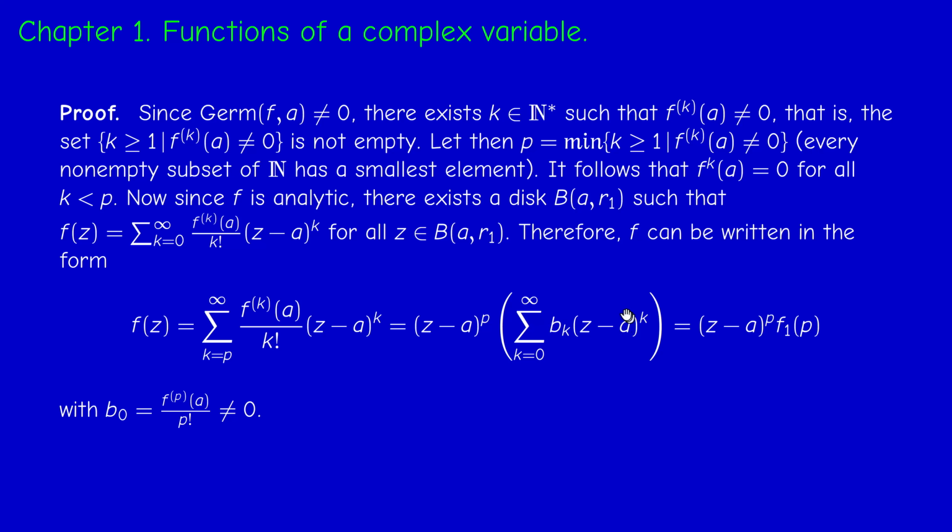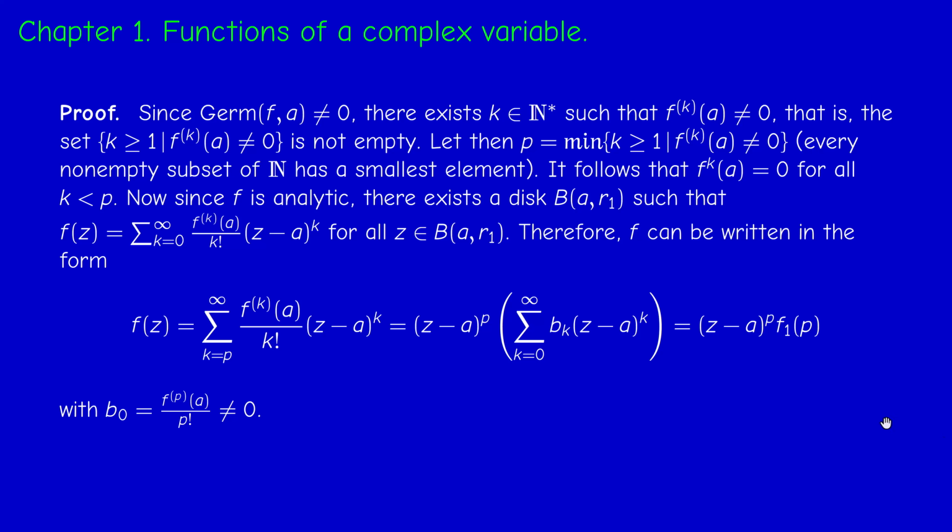If I call this convergent series F1 of Z, then I have a factorization of F. So F is a product of Z minus A to the P times another holomorphic, or analytic, function. We don't need now the fact that F1 is holomorphic, it just continues.